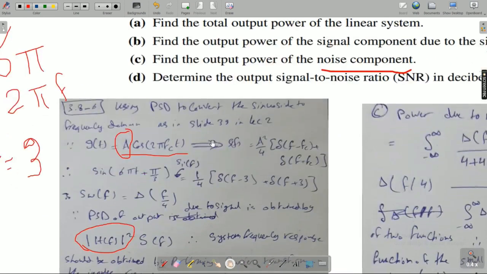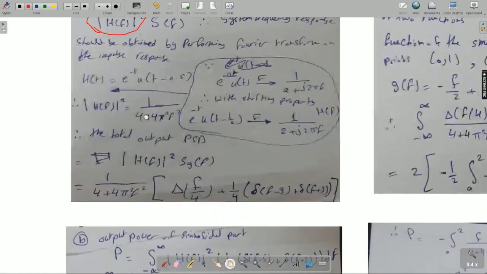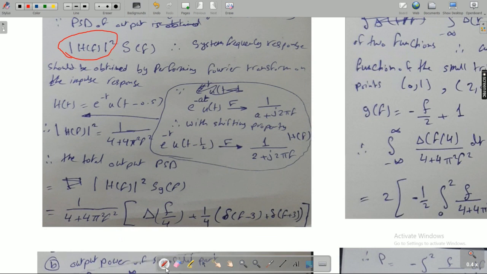In the Fourier transform, we will find that when I have an element e power negative a t multiplied by u of t, its Fourier transform is 1 over (a plus 2 pi f j). And since this is not the exact case, our system is shifted.